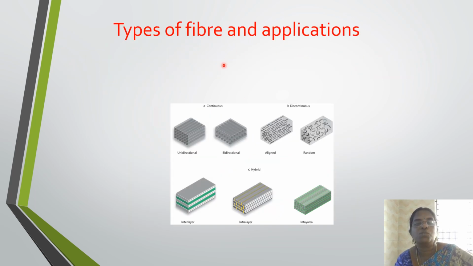What are the different types of fiber plastics? It can be continuous or discontinuous. Continuous can be unidirectional: it will be stronger in one direction and weaker in the other direction. It can be bidirectional, so at any part it will show the same strength.